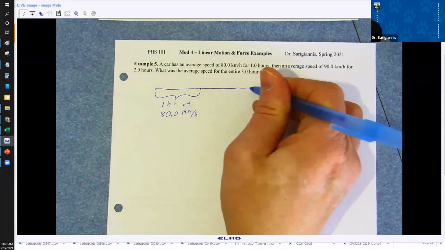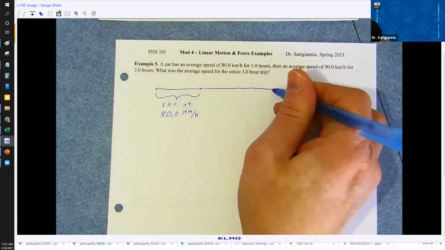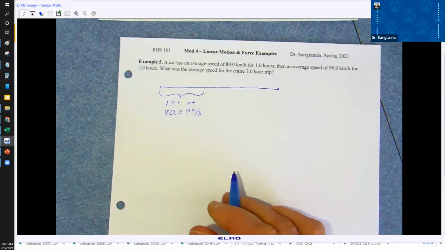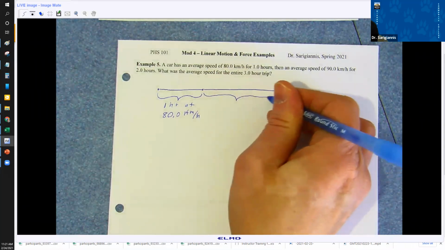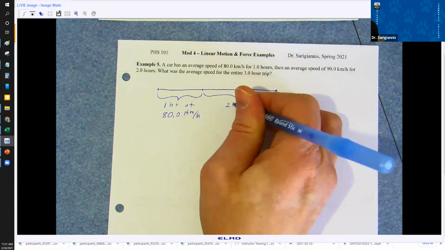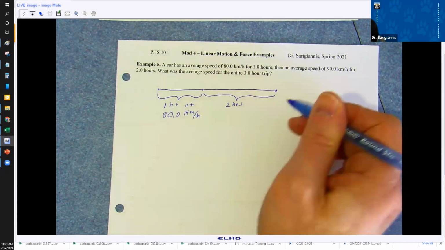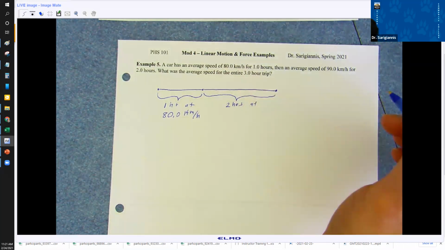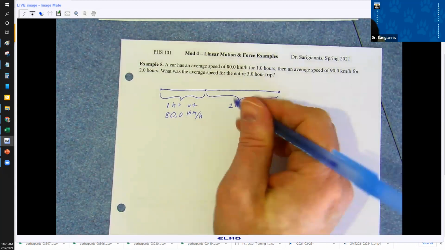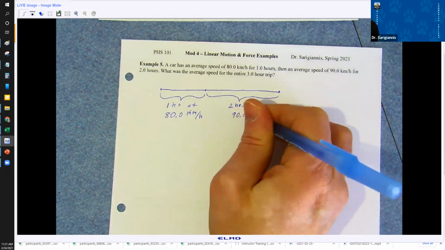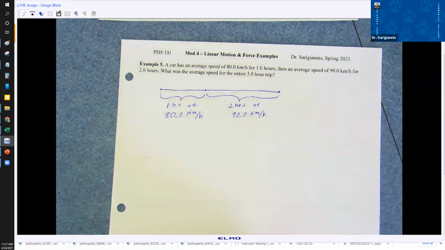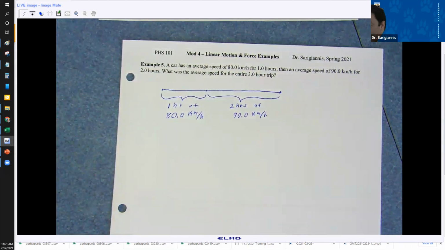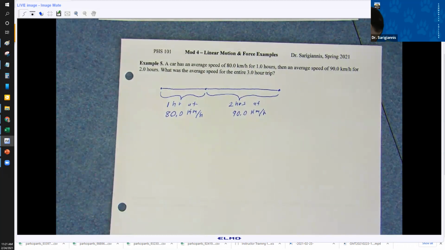Then it travels along for 2 hours at 90 kilometers per hour. What's the average speed for the entire 3-hour trip?